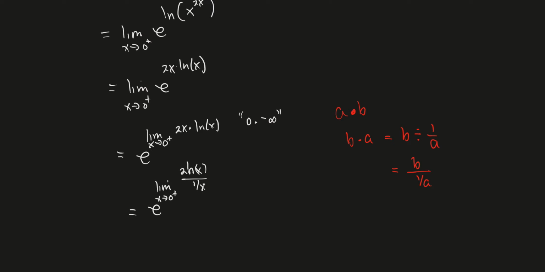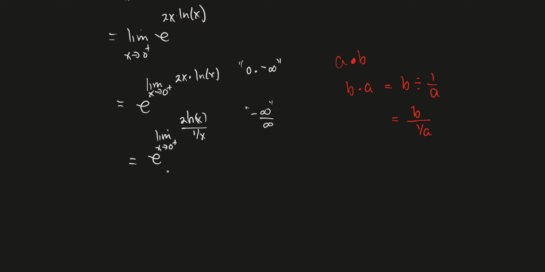Because now this is really what I want. Because as x approaches 0, we know the natural log approaches negative infinity. And then as x approaches 0, 1 over x approaches infinity. And that's what we need in order to apply L'Hopital's rule.